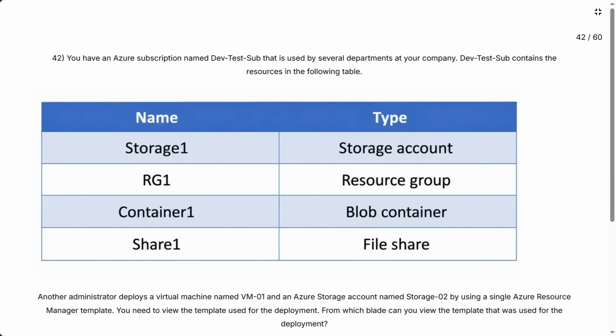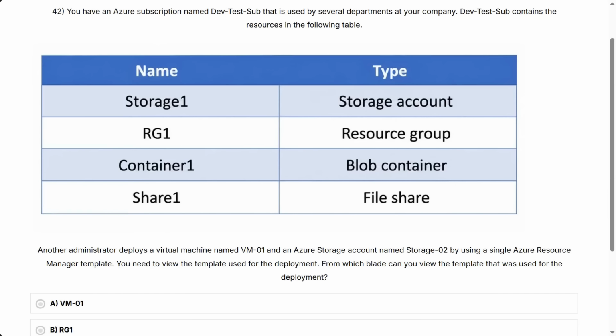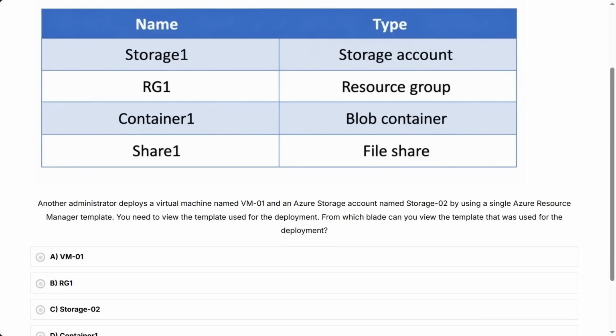Question 42. You have an Azure subscription named DevTest Sub that is used by several departments at your company. DevTest Sub contains the resources in the following table. Another administrator deploys a virtual machine named VM01 and an Azure storage account named Storage02 by using a single Azure Resource Manager template.